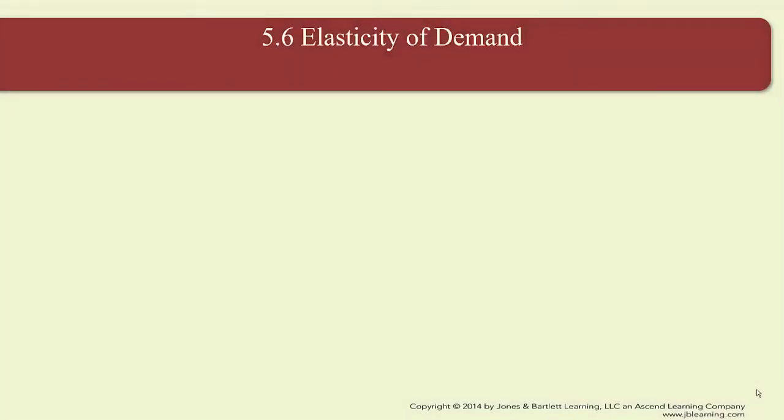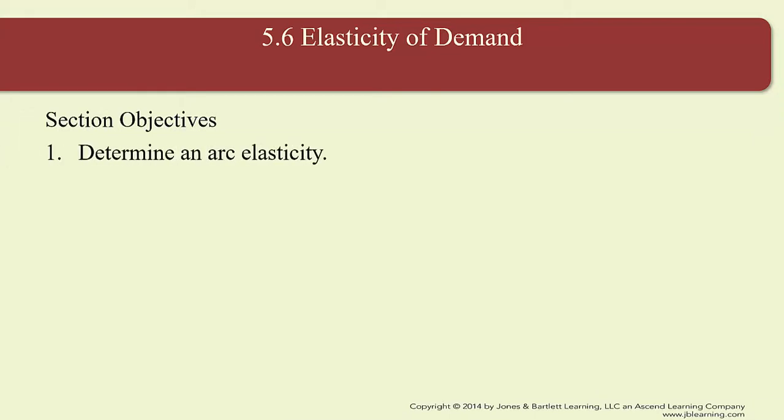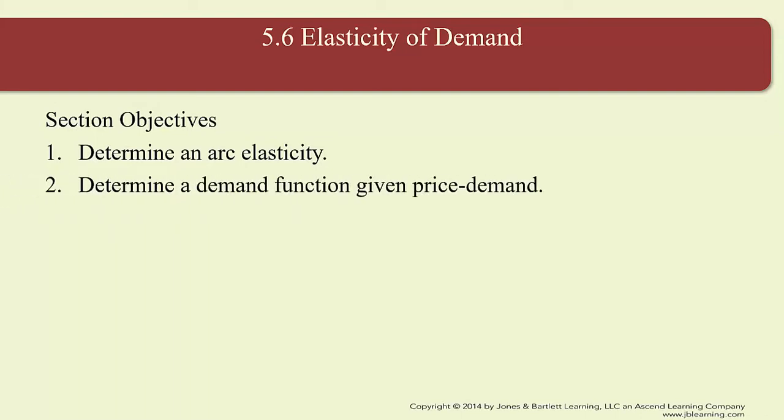Hey folks, section 5.6, we're going to look at a topic that you may be familiar with from an econ class. It's called elasticity of demand. In this section, the objectives we're going to look at: objective 1, we're going to determine what's called an arc elasticity. Then objective 2, we're going to determine a demand function given the price demand function.